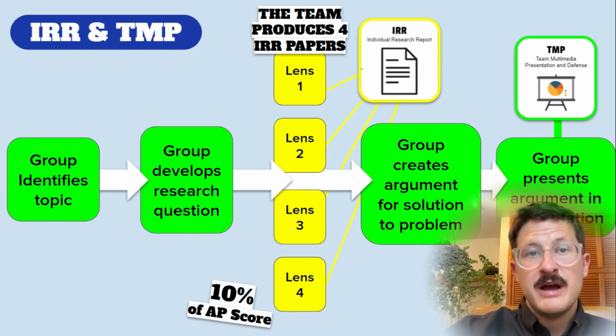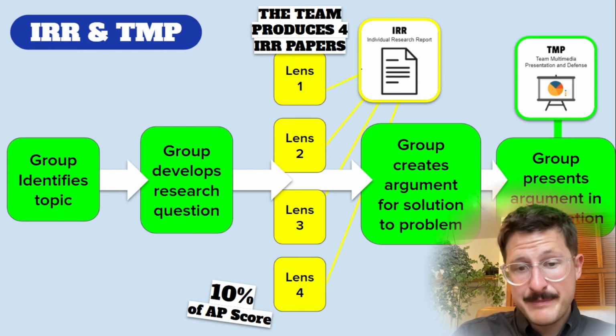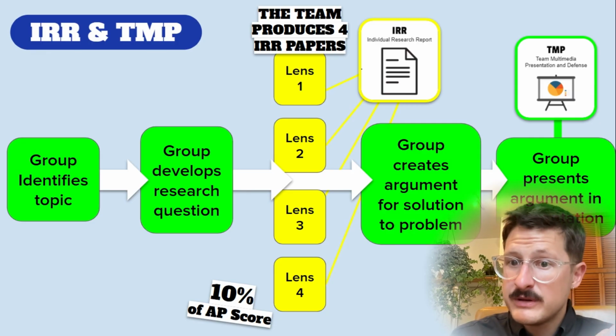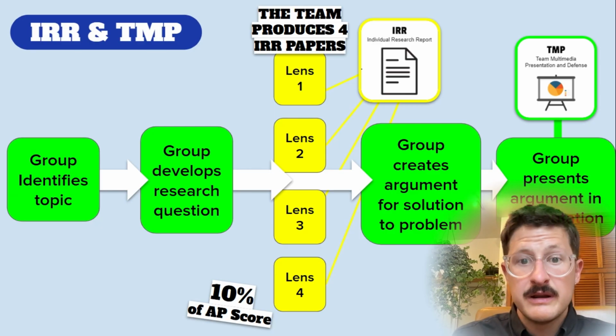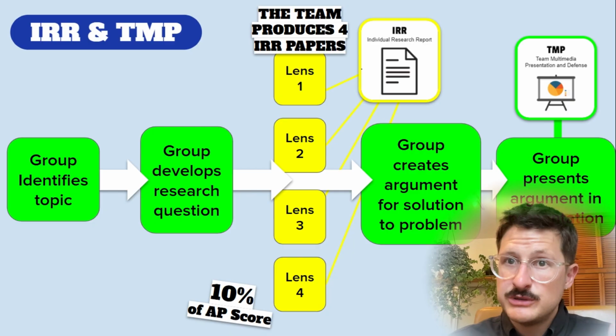Ultimately, ladies and gentlemen, this is the path to success for the IRR. I'm going to go back really quick and show you what I started with here. Just to remind you, the IRR and TMP works like this. You identify a topic as a group that's large enough to explore through multiple lenses and debatable enough that there's going to be sources out there on it. Then you start to develop a research question to kind of focus what you might want to look at.